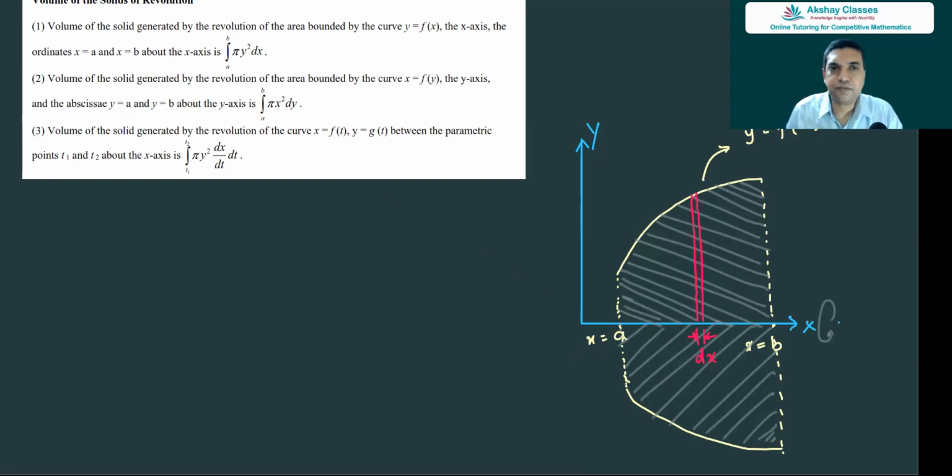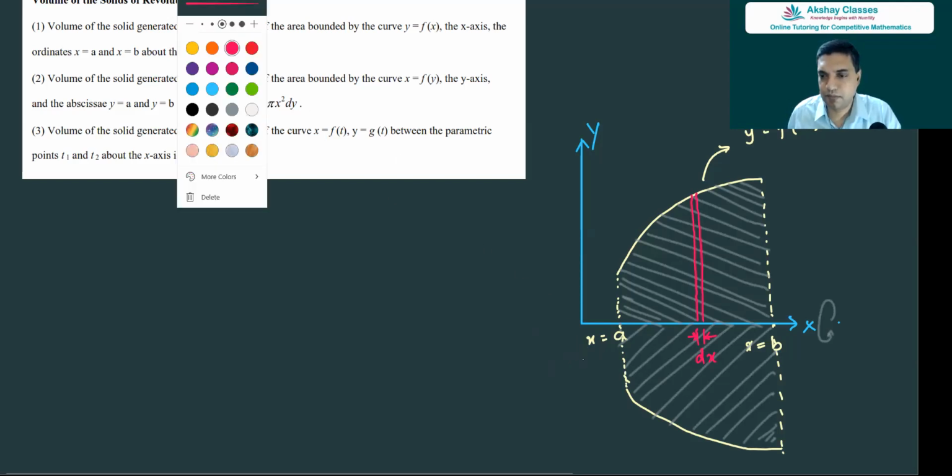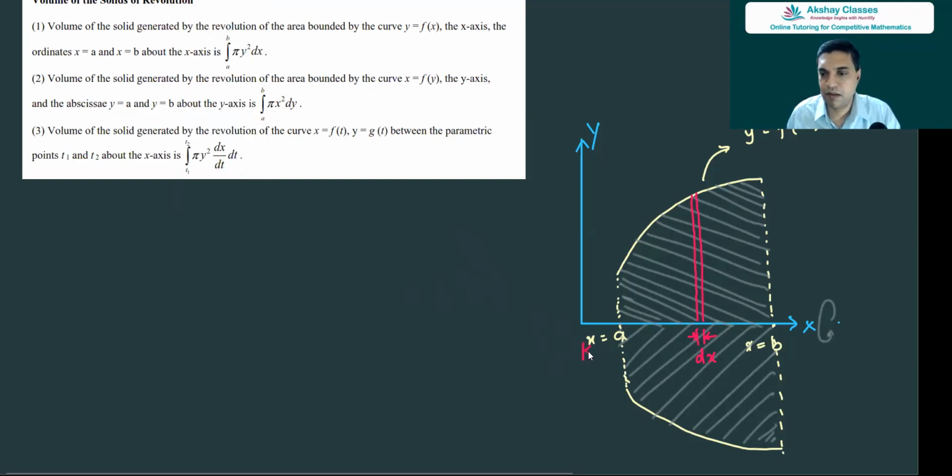So at this distance x, there is a small infinitesimal differential strip that we have taken. The function value here is f of x.